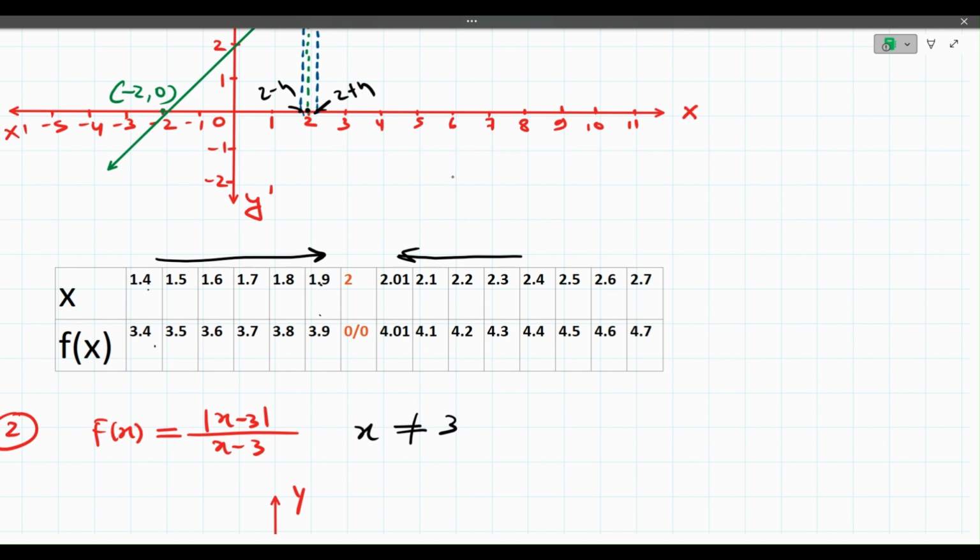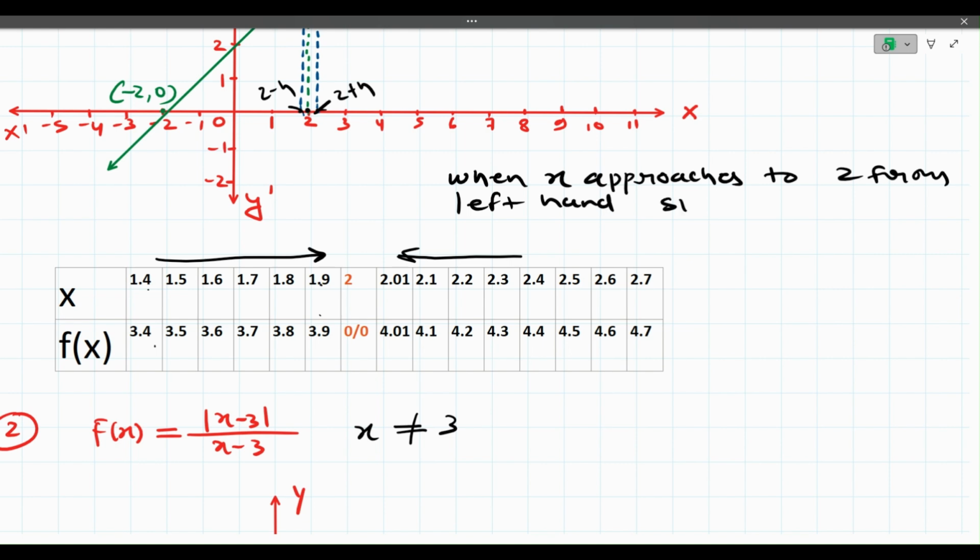So we can say that when x approaches 2 from the left hand side, the function f of x tends to the limit 4.